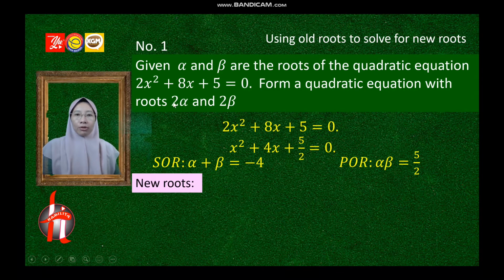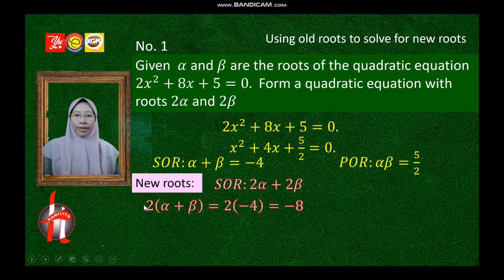Now the new roots are 2 alpha and 2 beta. So the sum of them is 2 alpha plus 2 beta. But we don't know what the value is. We need to calculate the value for the sum of roots. Now in the process, we have to use the information from the original roots.